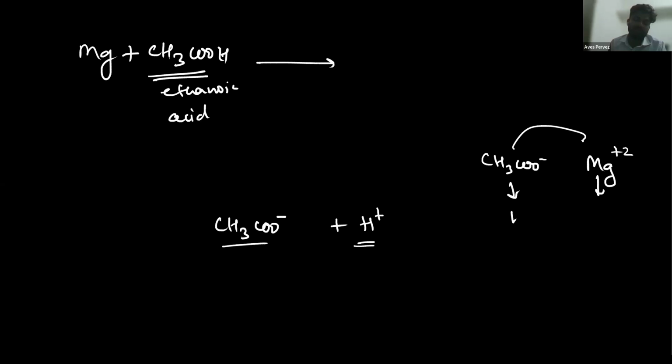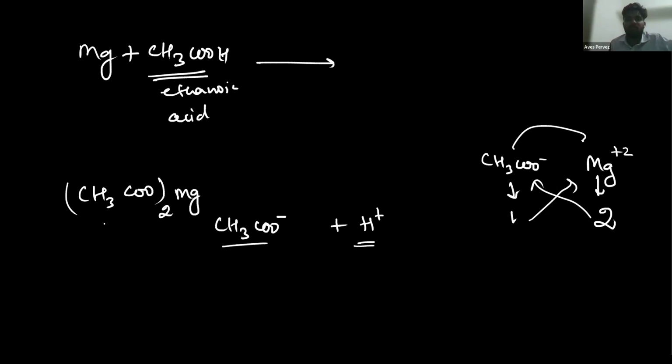Why? Because this is the negative charge and this is the positive charge. This Mg is going to attach with this O. Then again, magnesium valency is 2. When you multiply, you will get Mg(CH3COO)2, and this 2 will be outside the bracket.